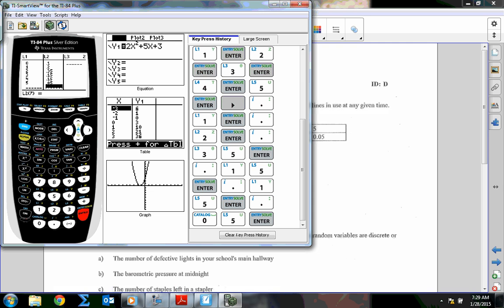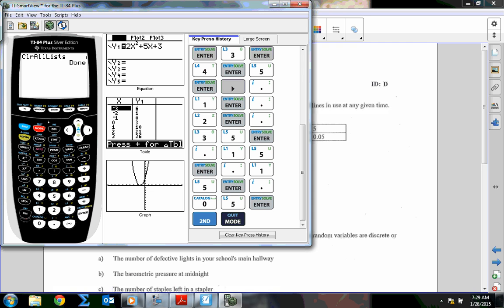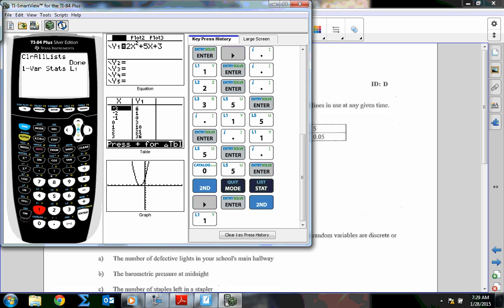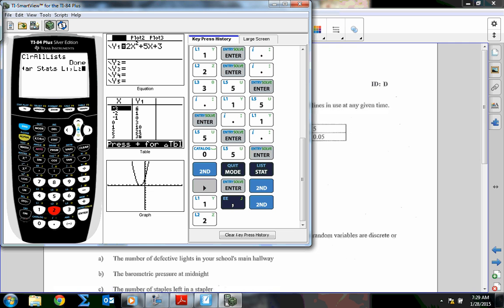So I'm going to get out of here, and I'm going to do stat, calculate, one variable statistics. Now it defaults to L1, but since I want to use a frequency list, I'm going to do L1, comma, there it goes, L2, and enter.